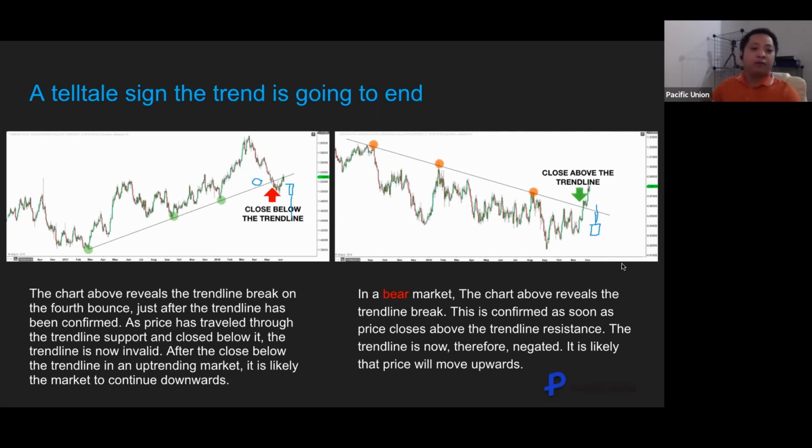So here we have an uptrend, right? One, two, three, and here, instead of the price respecting it, let me just clear the earlier drawing. Instead of the price respecting it, it actually punctured the trend line and went back.